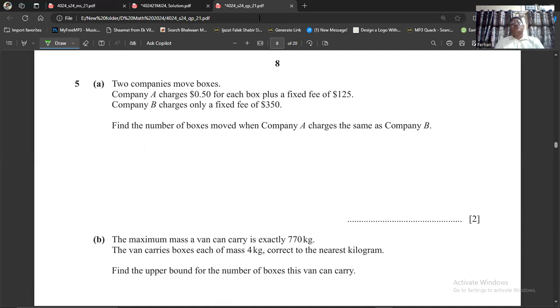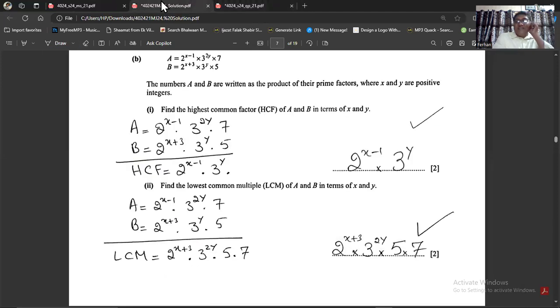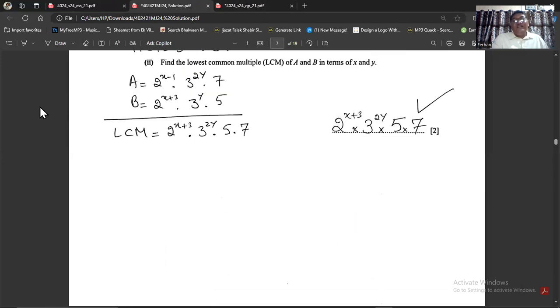Find the number of boxes moved when company A charges the same as company B. So suppose this happens when you have moved n number of boxes. For each box they are taking 0.50. So n multiplied by 0.50 plus the fixed charge, that is $125, equals $350. So this is how I will make that equation, and then very easily I can solve it.